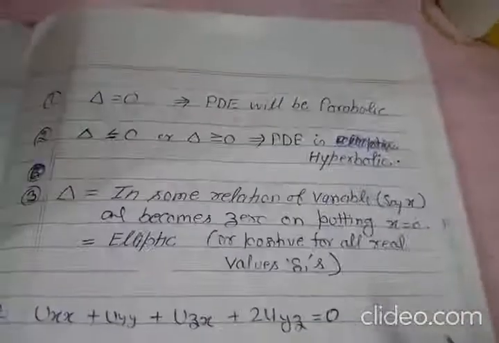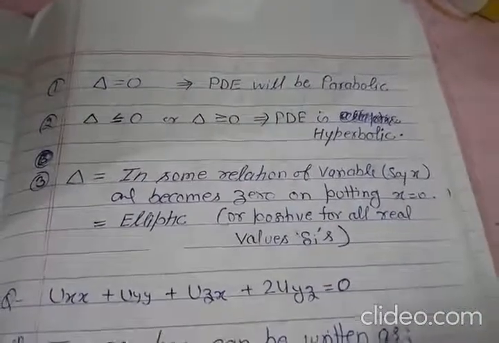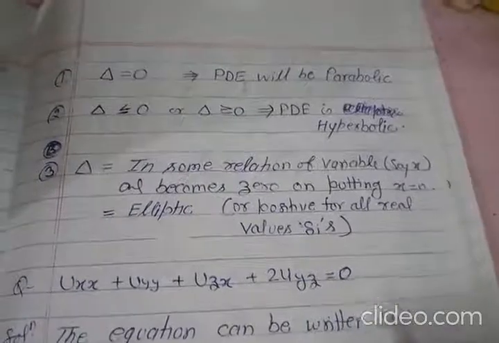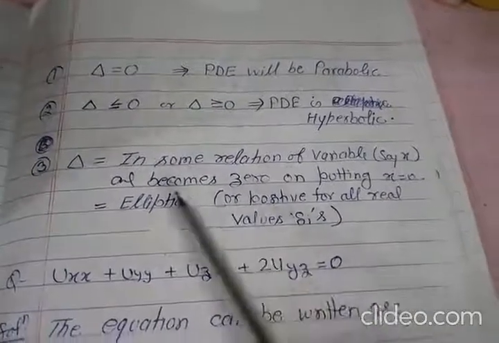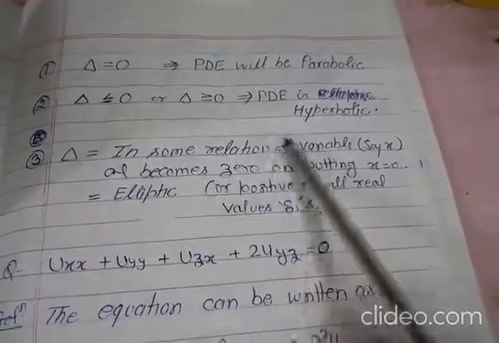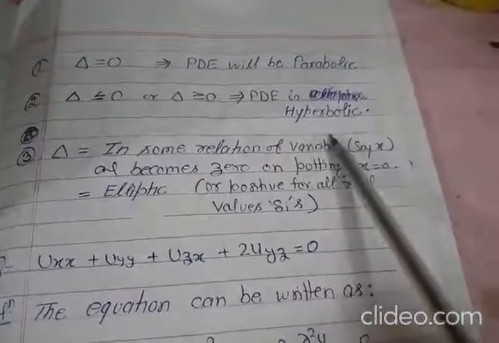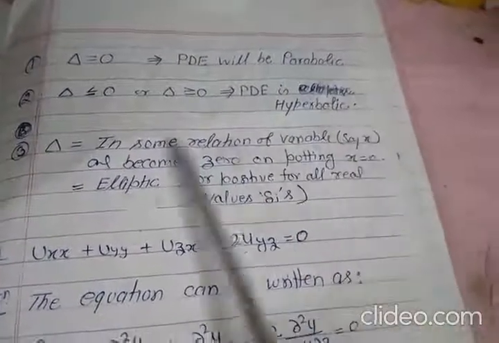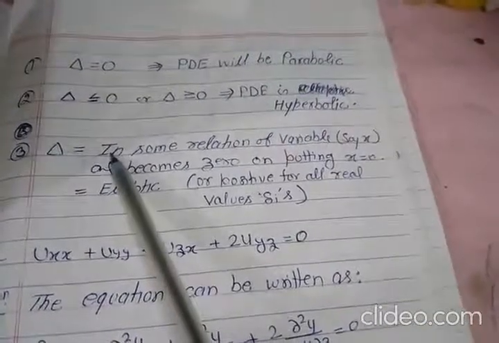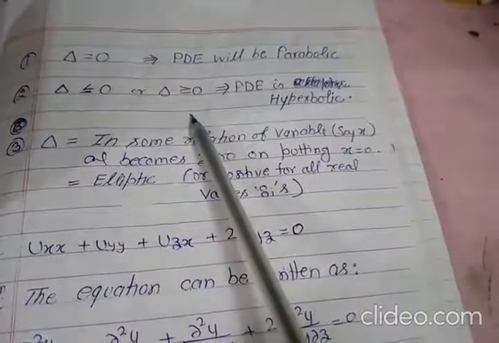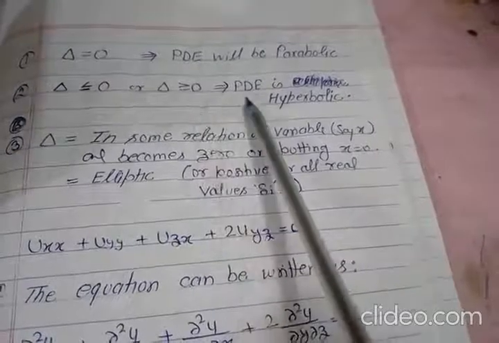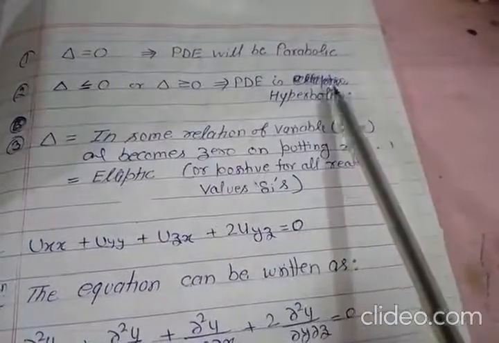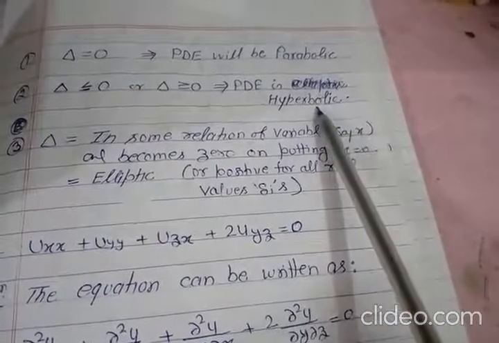Now here are three conditions which we have to discuss to know the nature of the given equation. If the value of delta is equal to 0, then the given partial differential equation will be parabolic. If delta is less than 0, then the partial differential equation is hyperbolic.